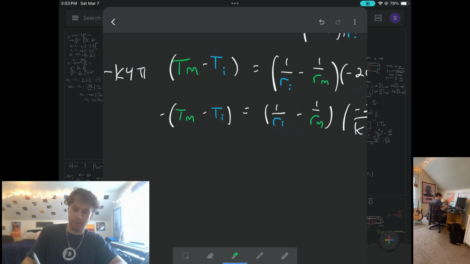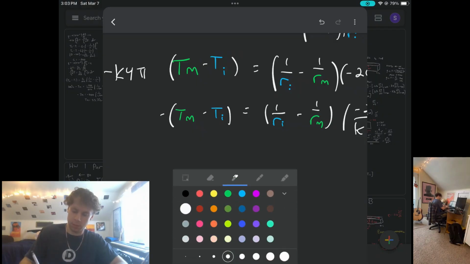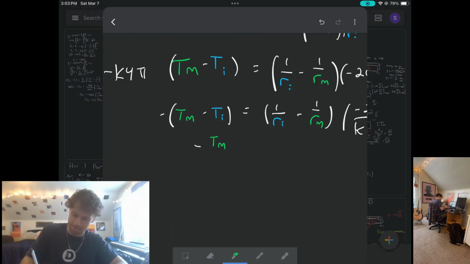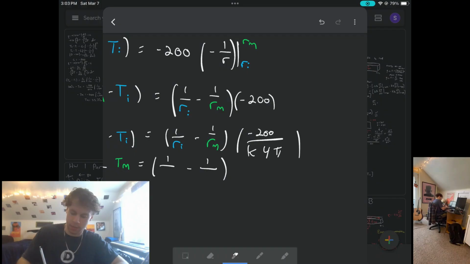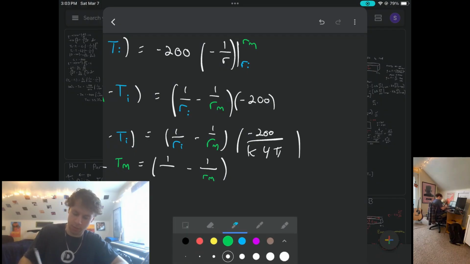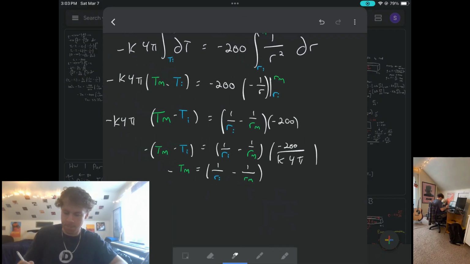We will have the negative temperature of the midpoint is equal to 1 over our inside radius minus 1 over our outside radius, times negative 200 joules per second divided by our thermal conductivity times 4 pi, minus the temperature at the inside radius.